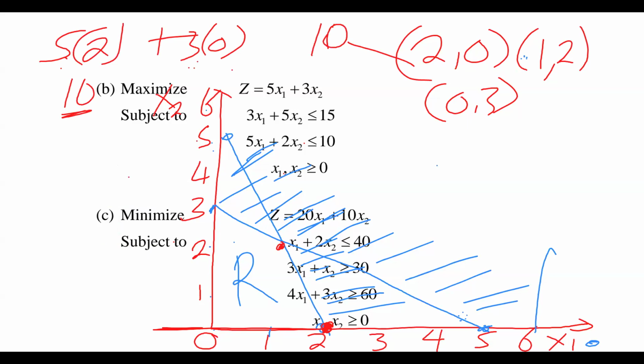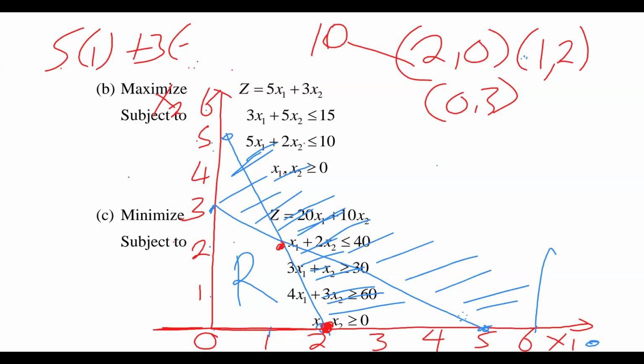Let's go to the next one. The next one is 5 multiplied by 1 plus 3 multiplied by 2. So 5 plus 6, 11.